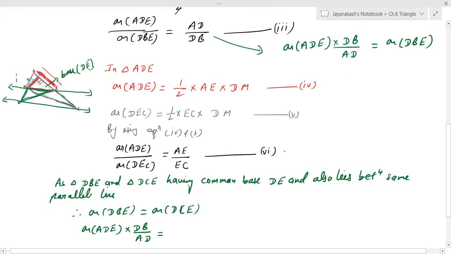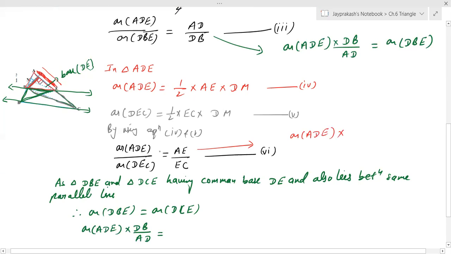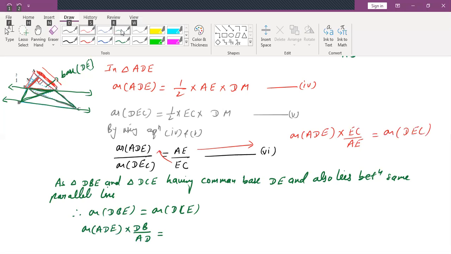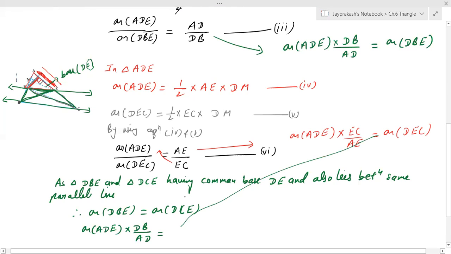Now in the same way, from equation number 6, you can write here area of ADE into, this one will be the cross multiply, EC upon AE is equal to area of DEC. So just substitute the value of this part in this equation.